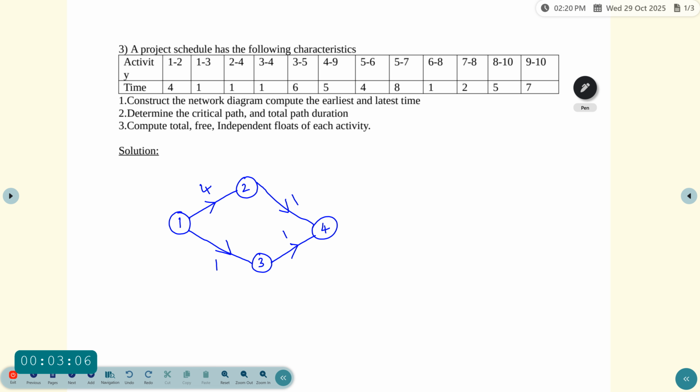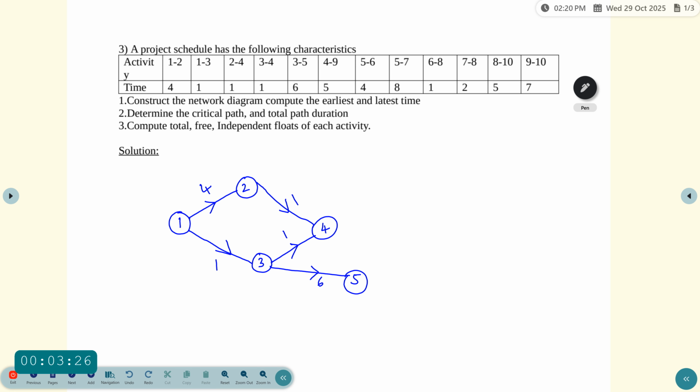Now the next activity 3 to 5: 3 is the starting event, ending at 5, and the given duration is 6.